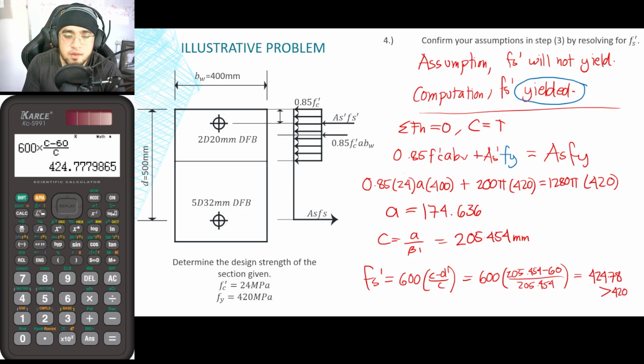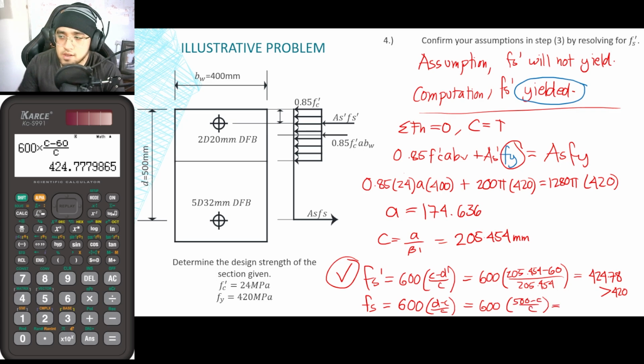So meaning, since my next assumption is that it would yield, I now have a correct assumption for Fs prime. Let me just confirm that Fs did really yield. So Fs is now equal to 600 times (d minus c) all over c. Our value for d is 500 minus c all over c.